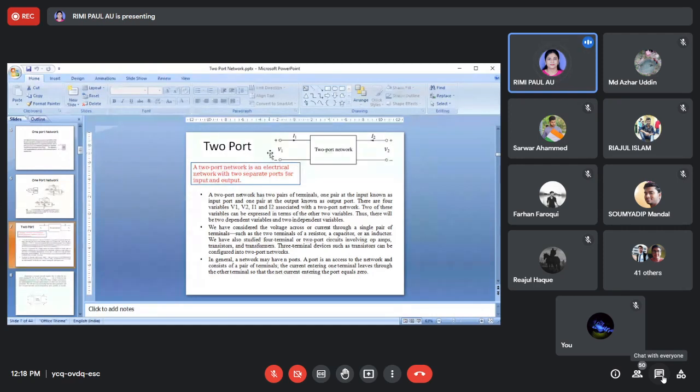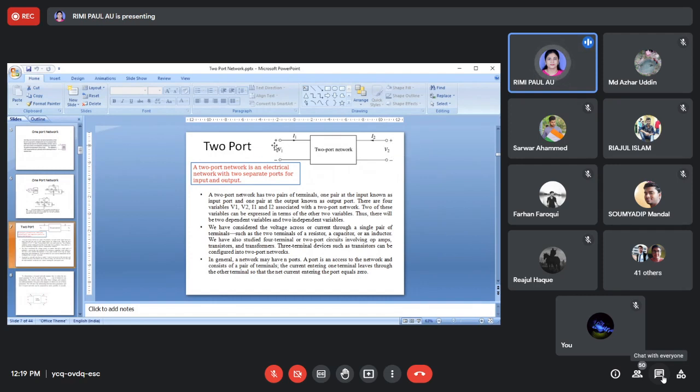If I take a transformer and connect it to the source, we can say it is the primary, and the other port, the secondary, you can connect to a load. Or the opposite: you can connect one terminal to a source and the other to a load.